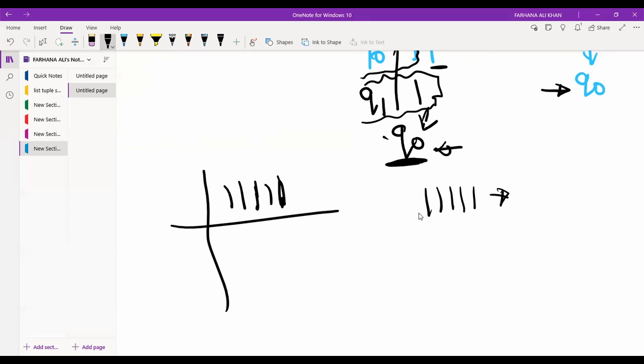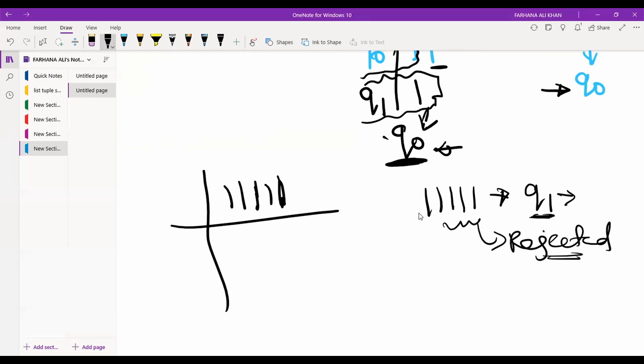No, it is not divisible, leaving the remainder 1. Remainder 1 is indicated by the state Q1. What is Q1? Q1 is a non-final state. Whenever we reach a non-final state, that means this string is rejected by your finite automata. That means this is not a string which is divisible by 2.